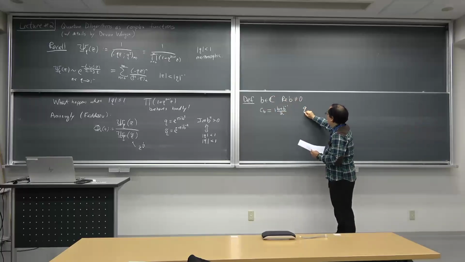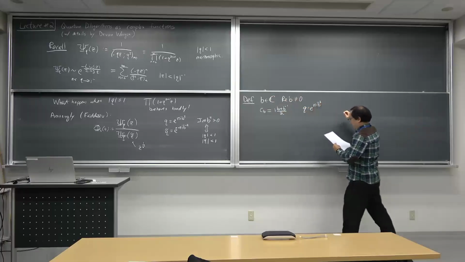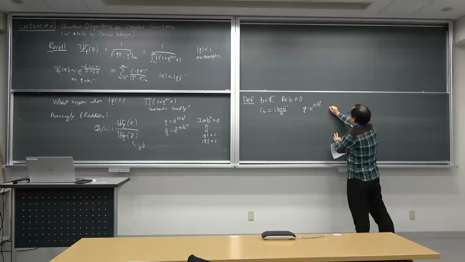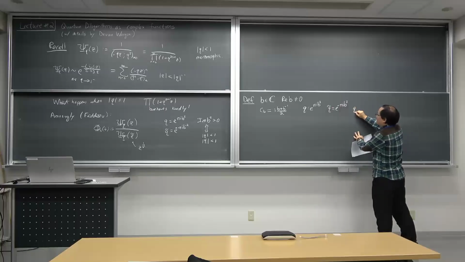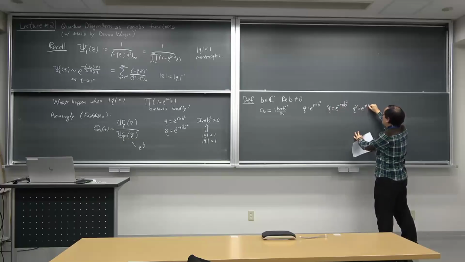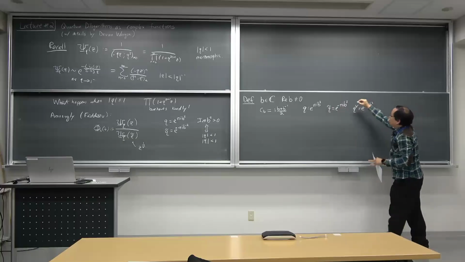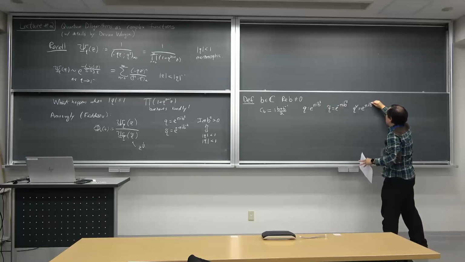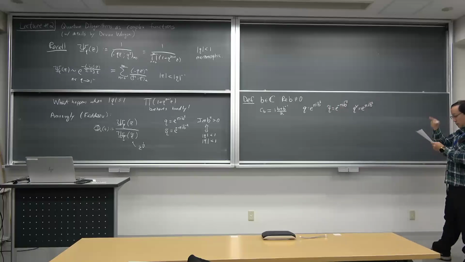And then q is e to the i pi b squared. And sometimes you want to remove the sign, so we should use a check to denote the minus, and to denote the one without the sign, so short form.